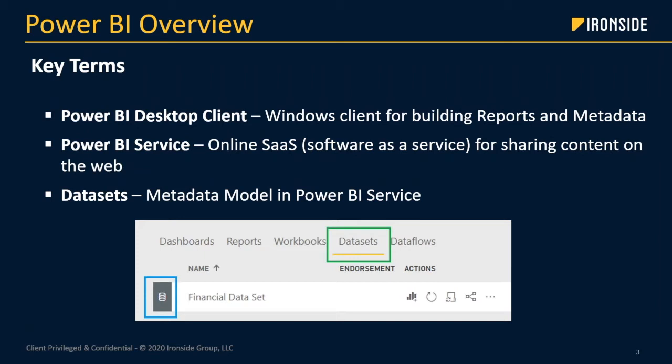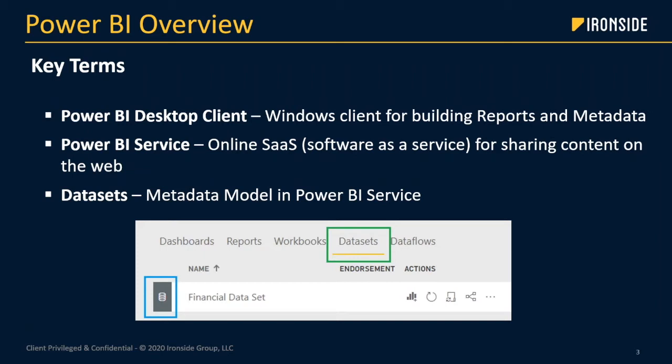The Power BI service, which is the web interface, the online software as a service offering from Microsoft that you publish your reports or data sets to. And then a data set itself, which is a metadata model in Power BI service.